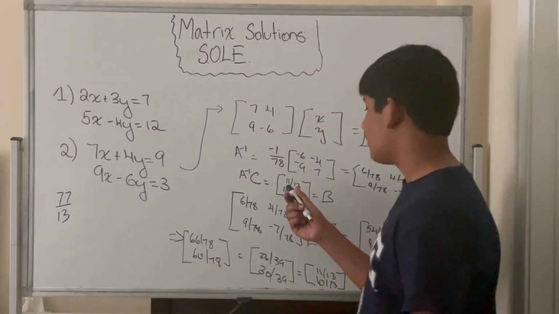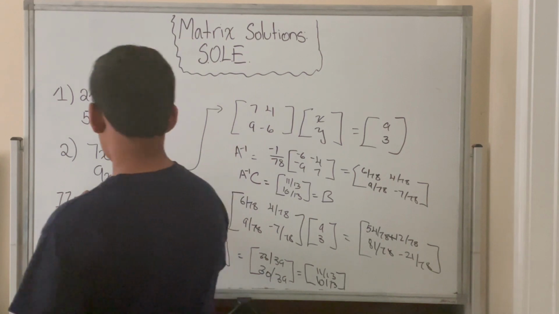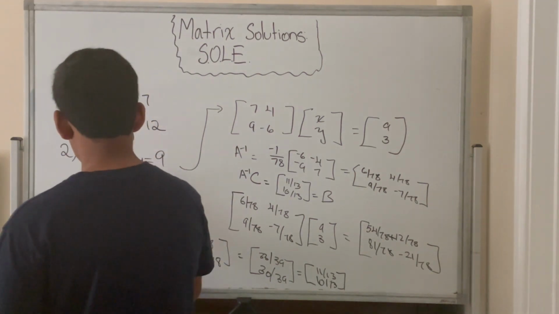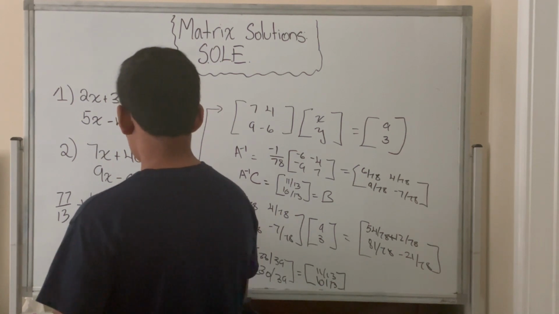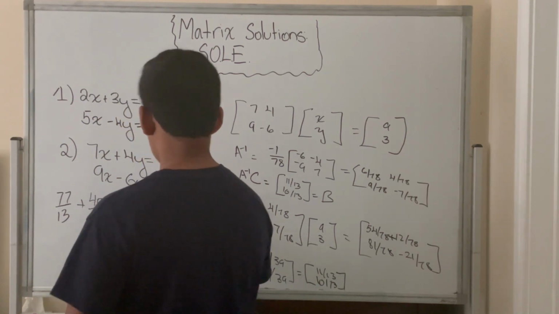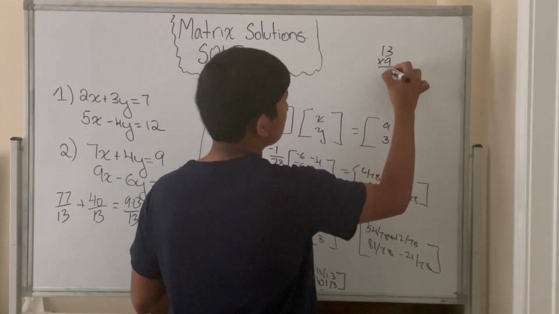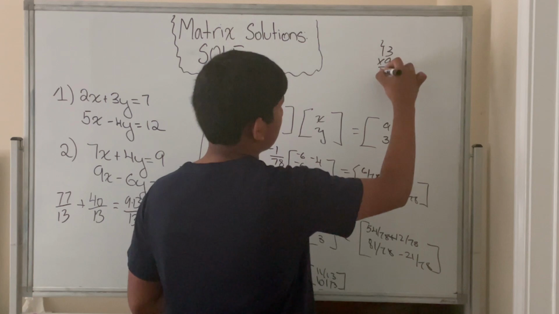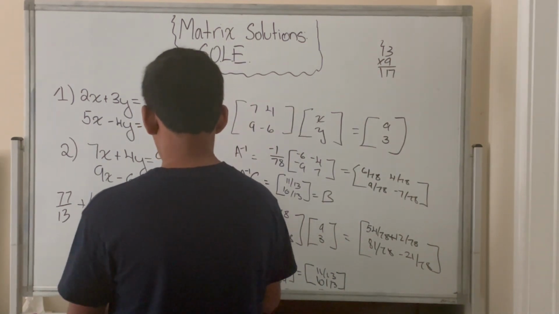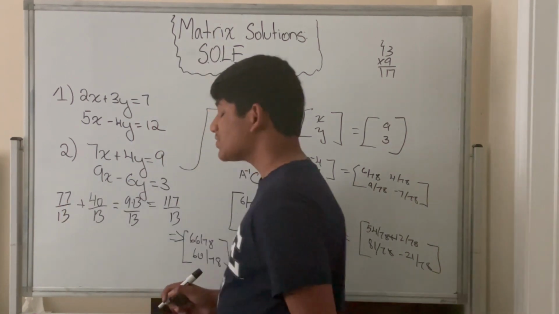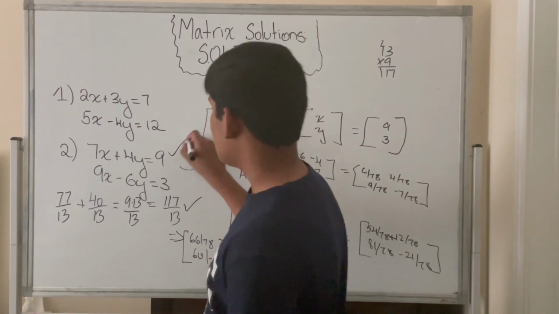And so we have 10 times 4 is 40, so plus 40 over 13 is equivalent to 9 times 13 over 13. What is 9 times 13? Well, 13 times 9: 9 times 3 is 27, 1 times 9 is 9 plus 2 is 11, so 117. 117 over 13. Well, 70 plus 40 is 110, 110 plus 7 is 117. So boom, first equation is satisfied.